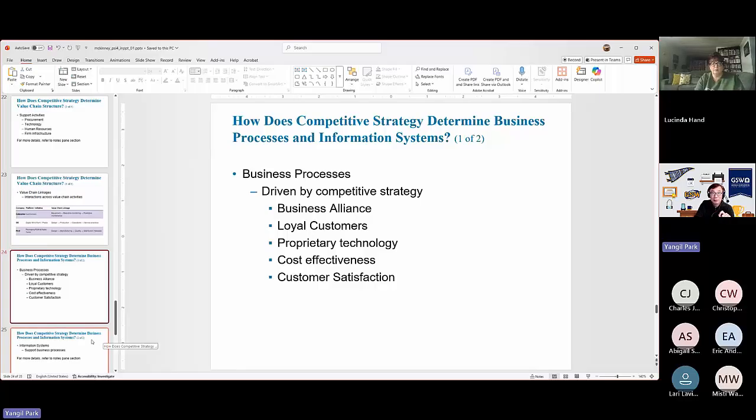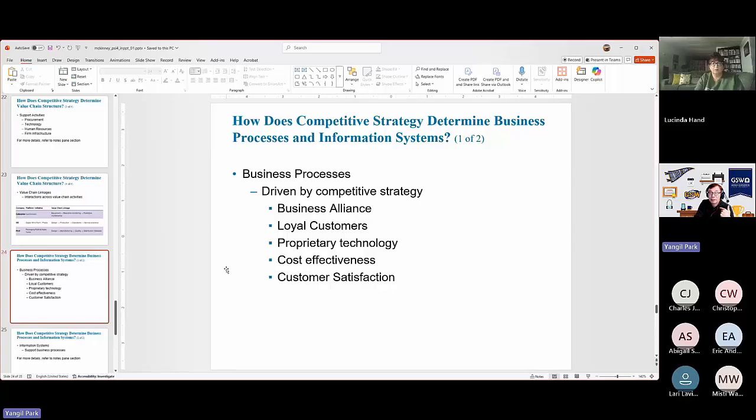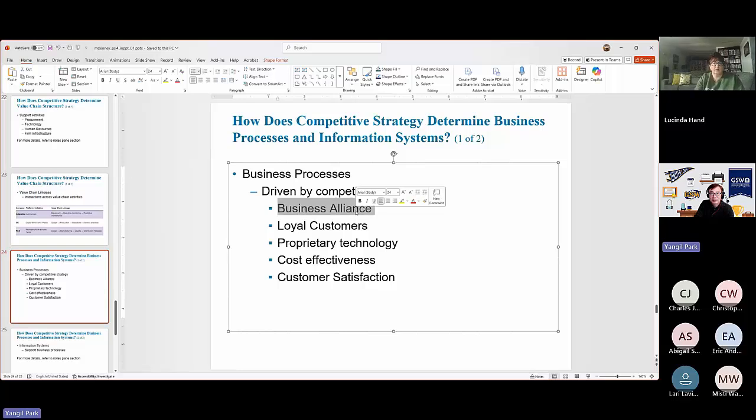So here's some of my examples. And again, the issue is you're trying to be competitive in the market, but we need to use information systems or information technology, okay? And one of them is business alliances.